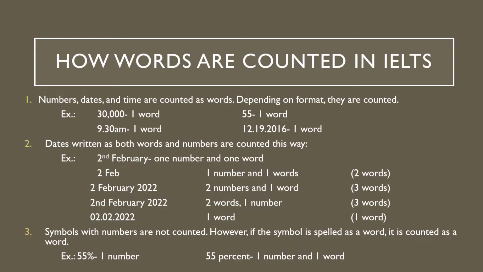First, even when the answer is a number, date, or time, remember that it is considered a word. For example, the number 30,000 is counted as one word, so as 55 and 9:30 a.m. If the date format is like this one, wherein the numbers are separated by periods, the date is counted therefore as one word only.